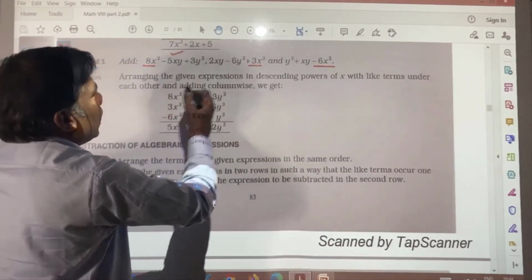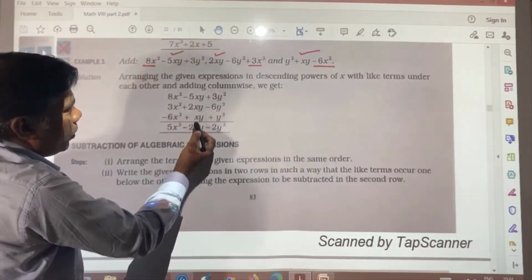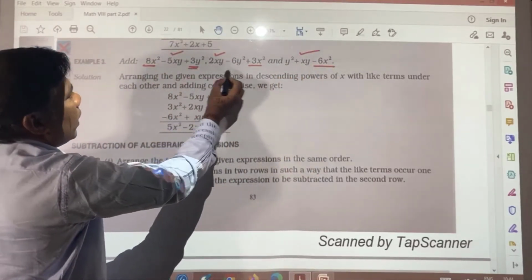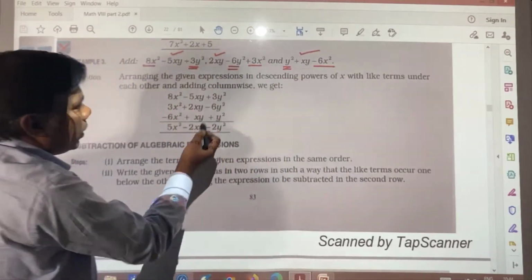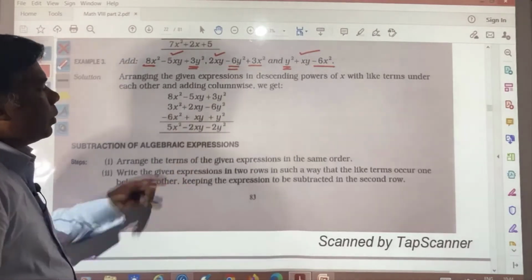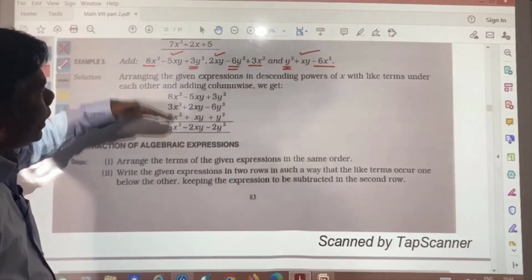Minus 5xy, 2xy and xy has been written together. 3y square, minus 6y square and y square has been written together. And then that has been added. So in this way this is required to be done for addition.